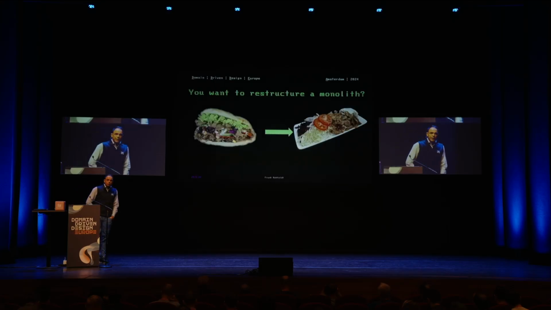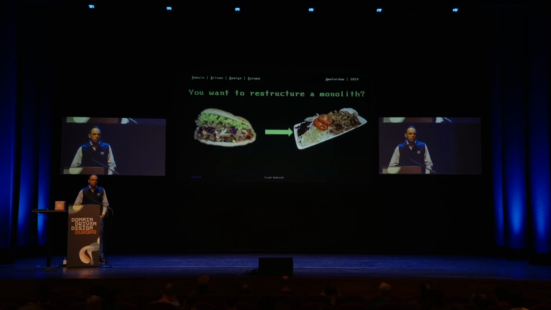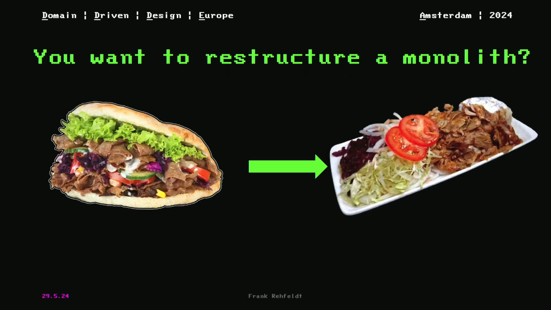So the title of this talk is how to disentangle transactions in a legacy system. And I really have to apologize for this metaphor shortly before lunch, but I can't help but think of a kebab when I see some large legacy monoliths because everything is just stuffed together without recognizable structures.